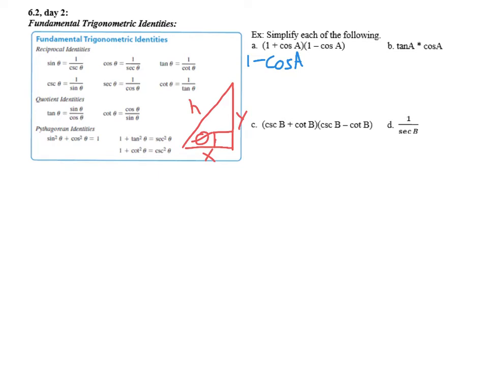Let's see, minus cosine A minus cosine squared. Okay, kind of running out of room here for part B, but we'll make that work. All right, middle terms will cancel out, and I'm left with 1 minus cosine squared.